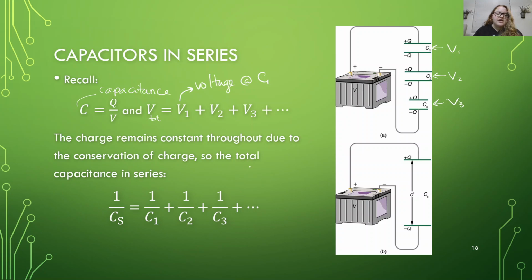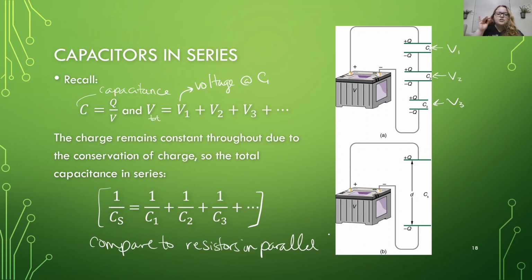So this gives us, through a little bit of calculation, not a ton, that 1 over our capacitance in series is equal to 1 over C1 plus 1 over C2 plus and so on. Okay? So this looks very much like the resistors in parallel. So we can compare to resistors in parallel.